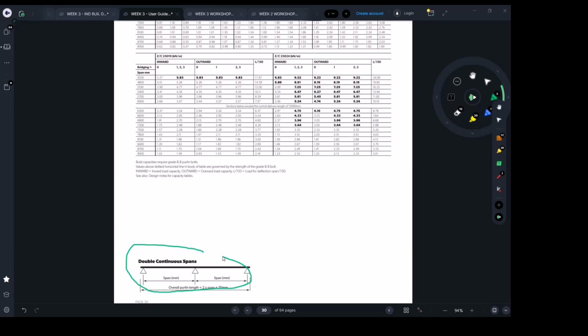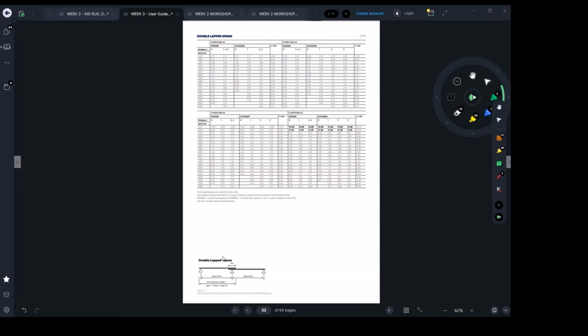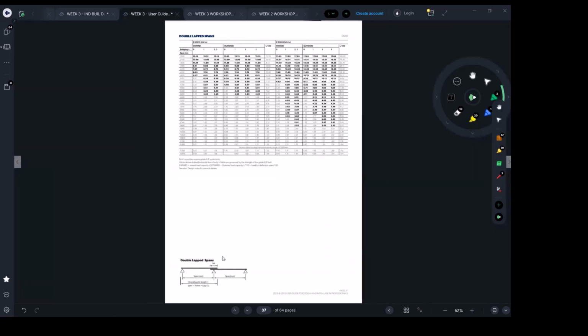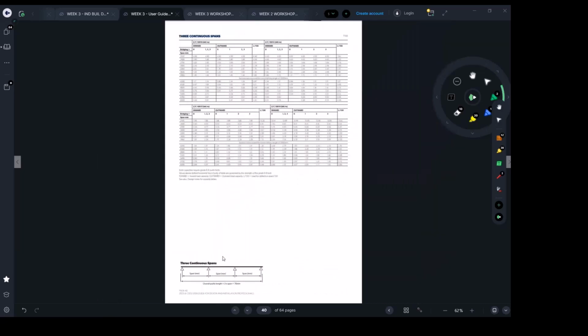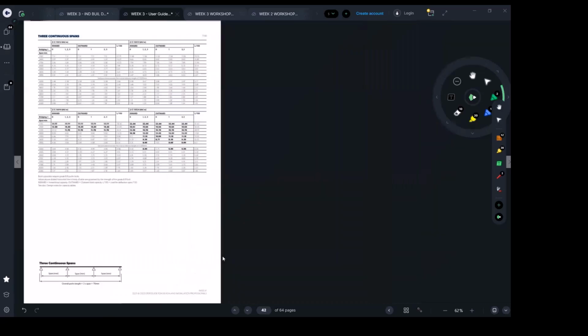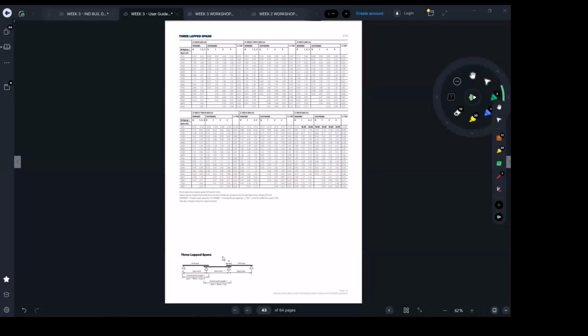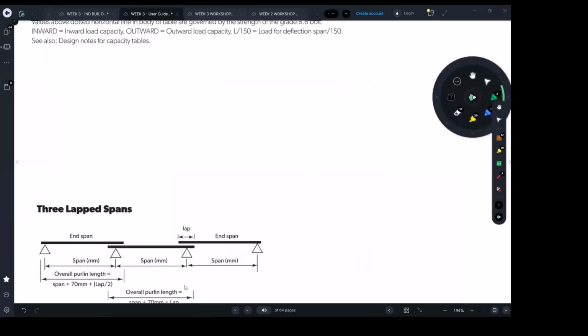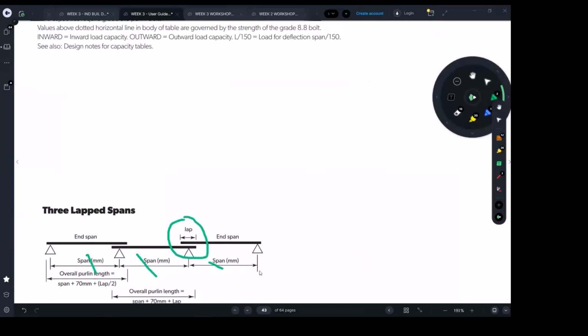No, we can't because it's not 3 spans anyway. You will be given 3 spans and lapped. So you keep flipping through the pages, and this is 3 spans, but they are continuous. This is continuous lapped. So that's the table you would be using. You got 3 spans and they are lapped as well.